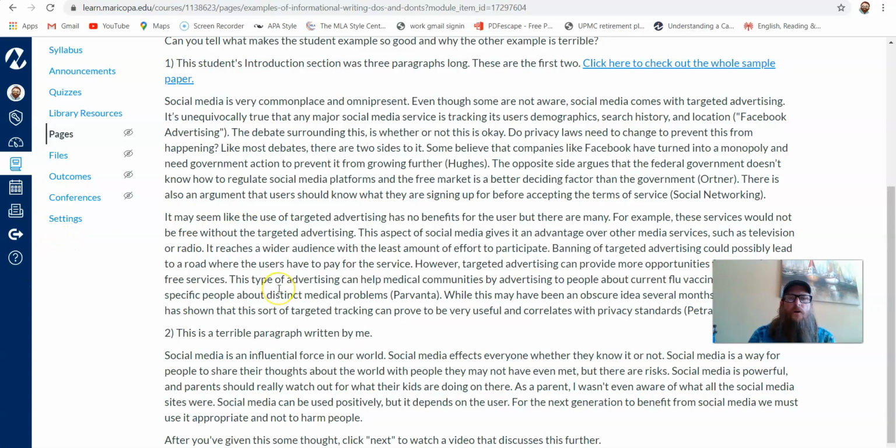Okay, so what makes this effective informational writing? Well, did you notice how many in-text citations there are? Do you see this? This one's missing quotation marks, right? Because it's the title of a source that does not have a named author. He should have done like he did here.